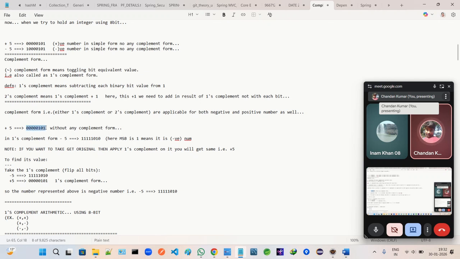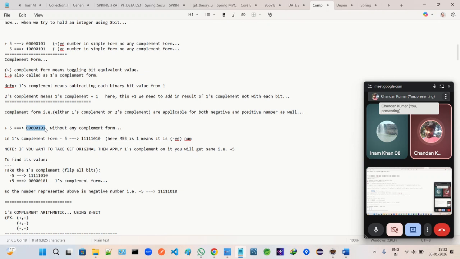And for its one's complement, from 1 we need to subtract each individual bit. Here is the LSB, 1, and you need to subtract it from 1. Imagine that 1 1 1 1 1 1 1 1 is there; from it you subtract 1, how much will you have?